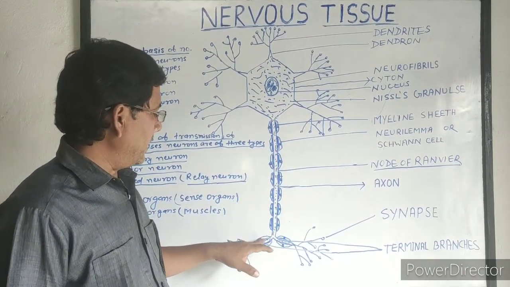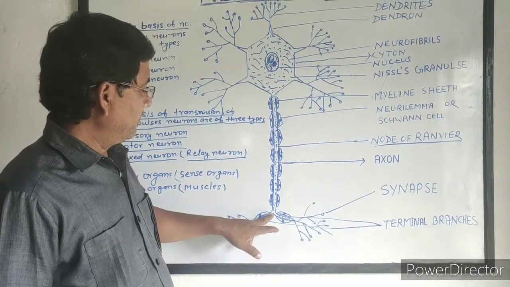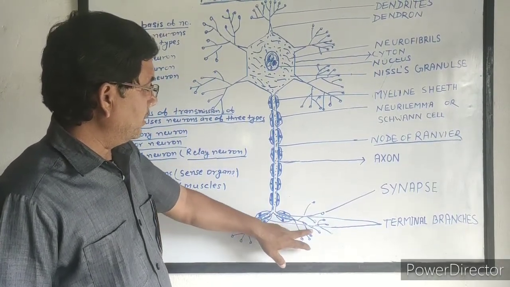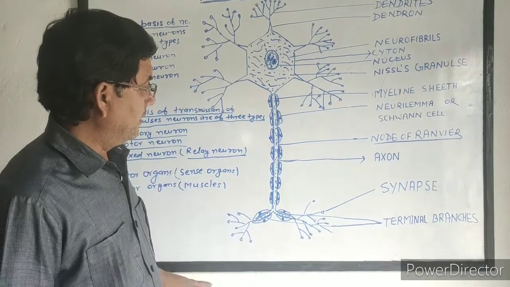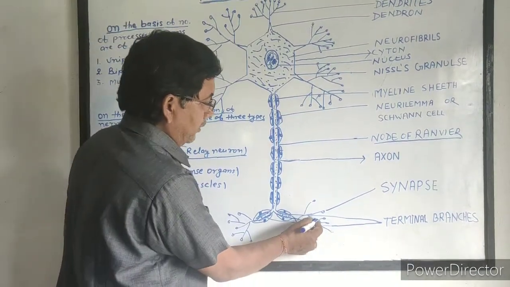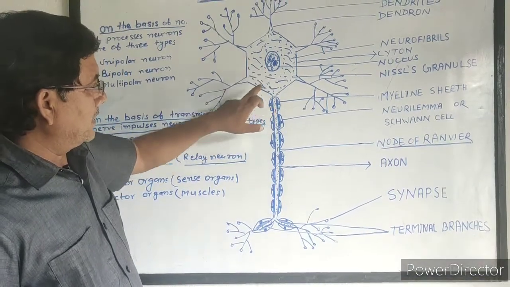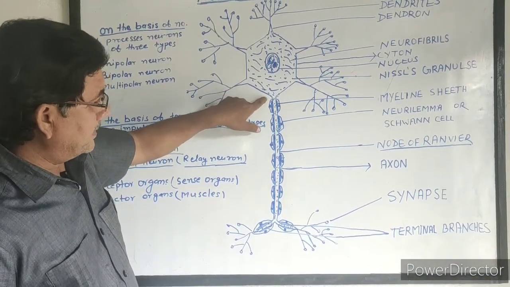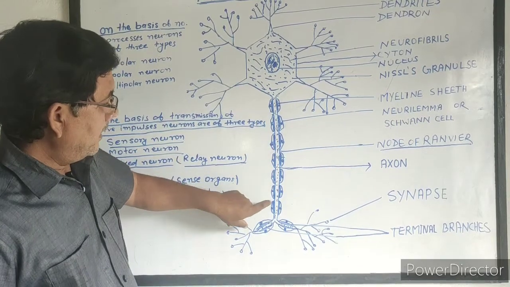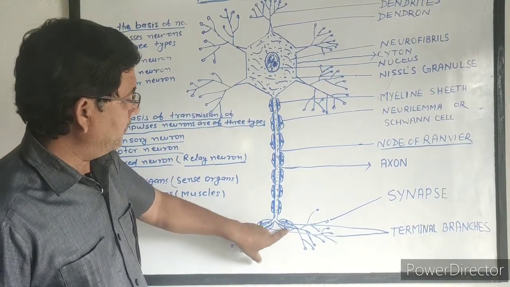Now, this axon is divided into terminal branches, and these terminal branches also divide into fine branches, which end in synaptic knobs. So, from the cell body, the cyton, the nerve impulses in the form of electrical impulses come into the axon. From the axon, they come into the terminal branches.